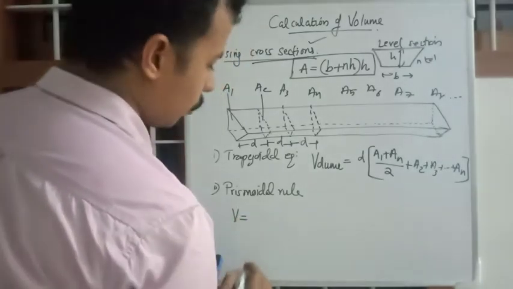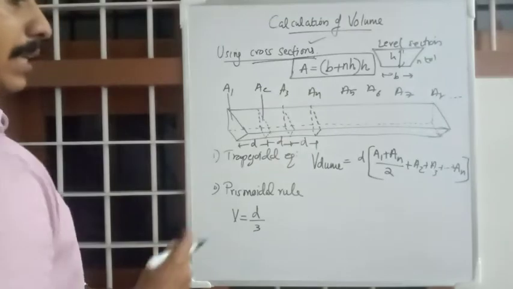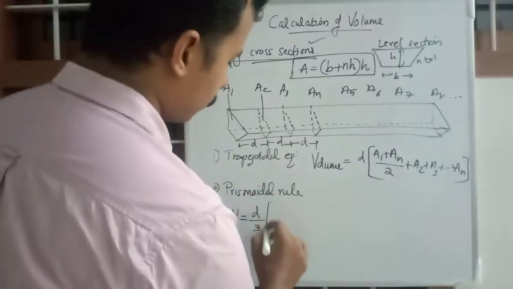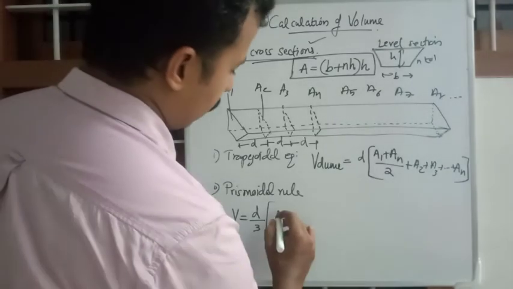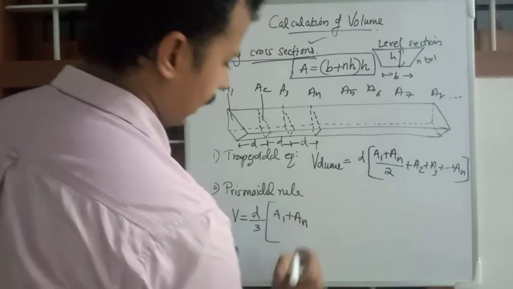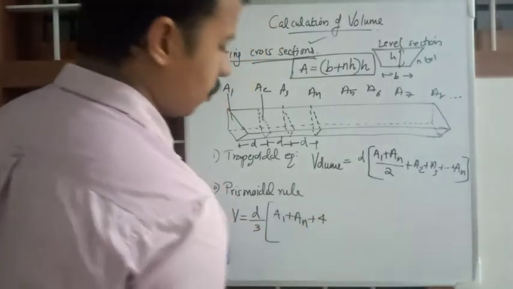The equation is the same. Volume is equal to D by 3, where D is the constant interval. D by 3 into A1 plus An plus 4 into the same equation.